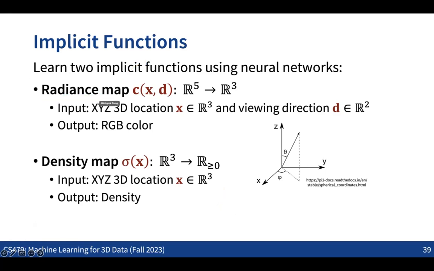For the radiance function, the input is both the 3D location and the view direction, which is represented as a 2D angle. So by taking this 5-dimensional vector, the X, Y, Z coordinates and the view direction, we get the color information. That's the implicit function for the radiance. And then we have another implicit function, which only takes the X, Y, Z coordinates and gets the density information. Make sense?